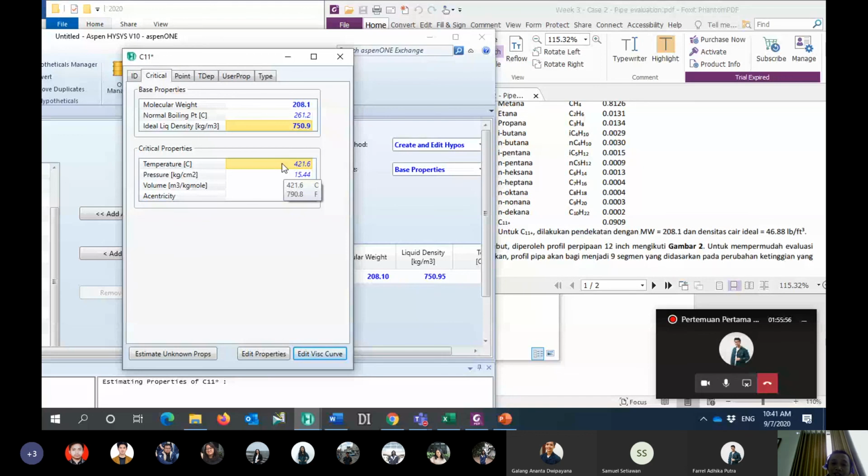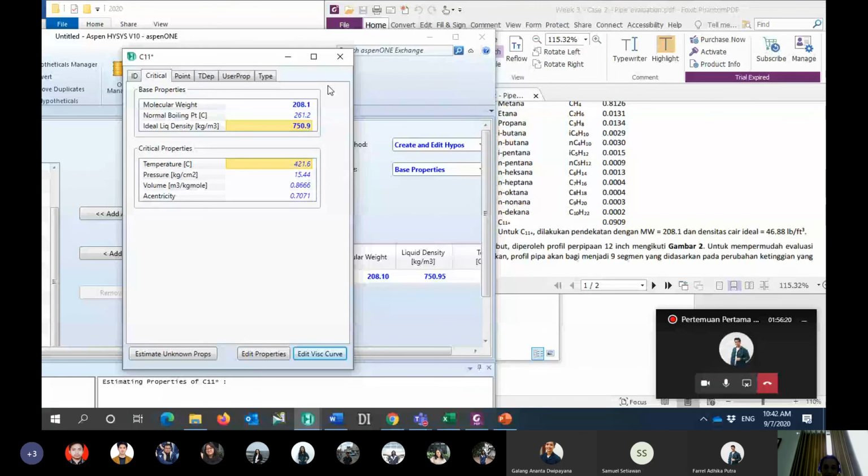So please put in as much information as possible. But in my case, I only have two properties, which are molecular weight and ideal liquid density. So I just put two, and the others I estimate based on the HYSYS calculation.